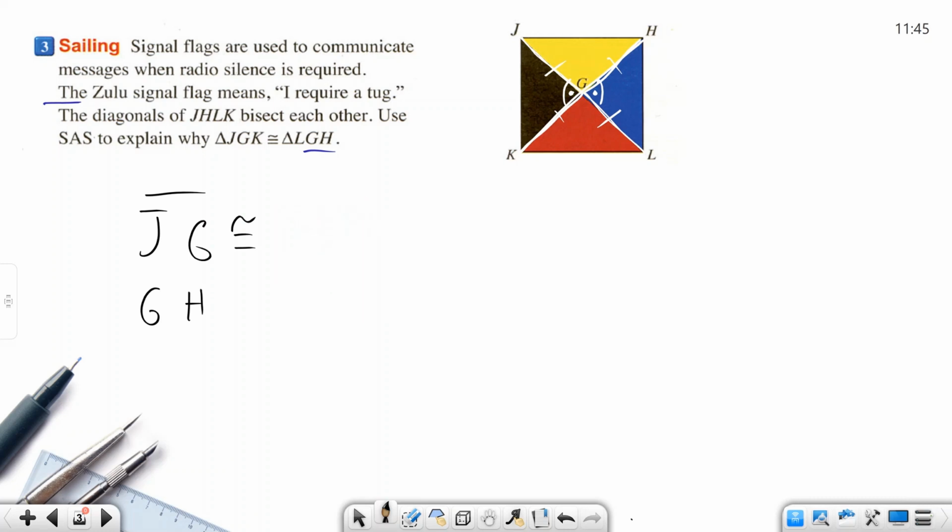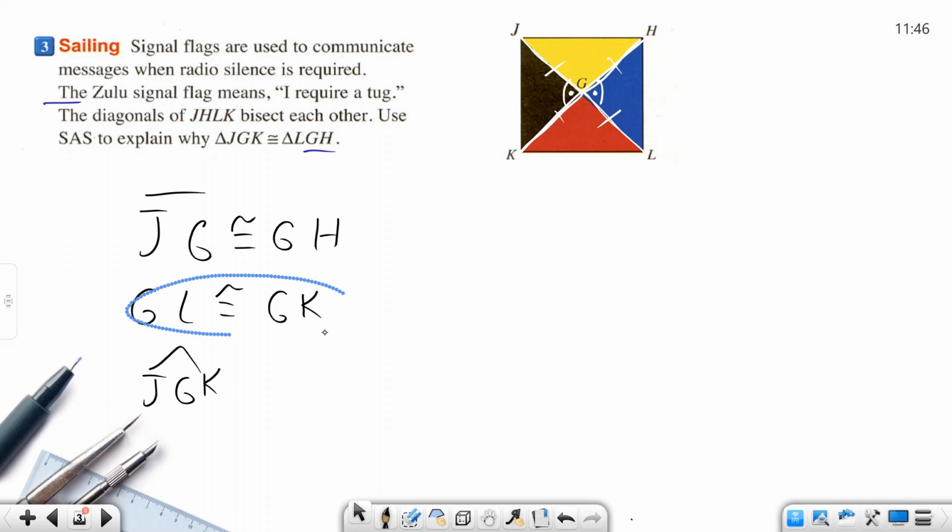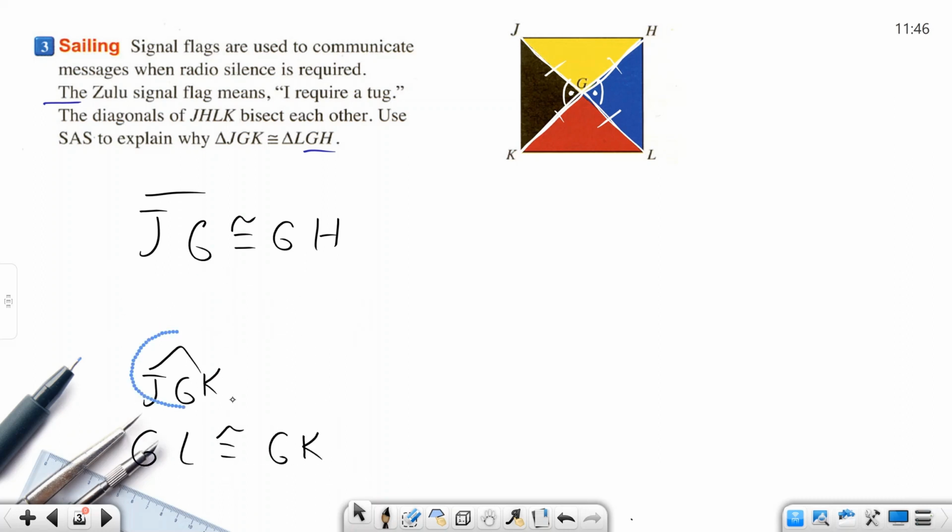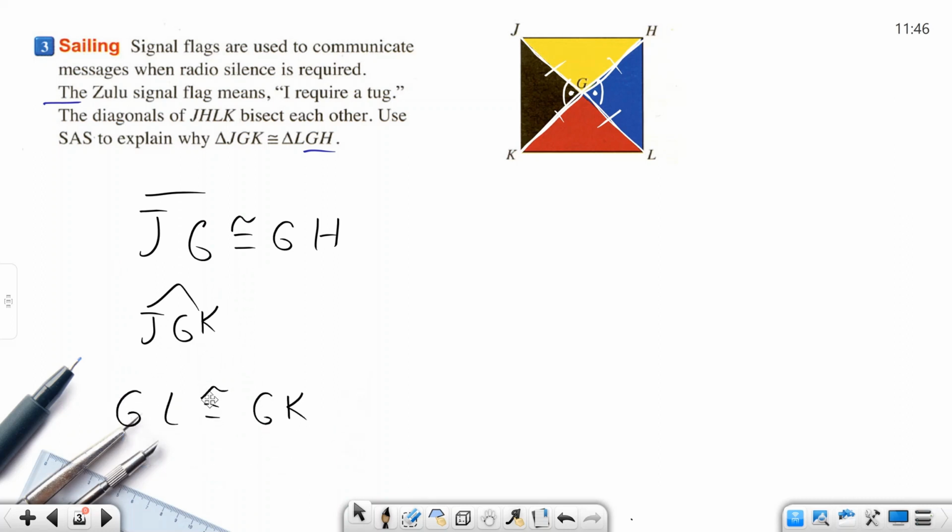So they are all congruent, but JG and GL and JK are congruent. So the angle JGK. Let's write the angle between the sides, because it's side angle side. This will be better.